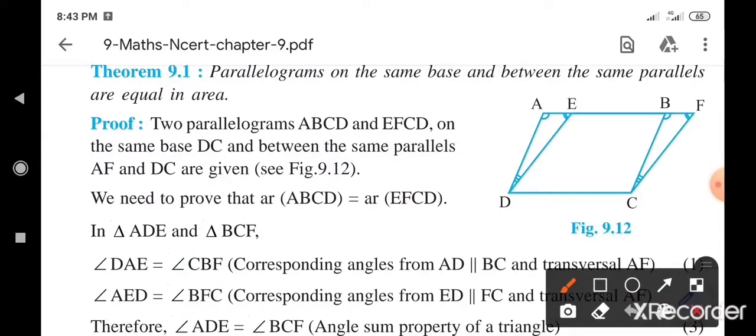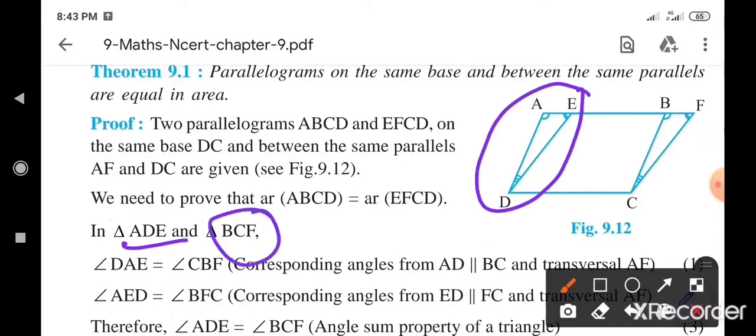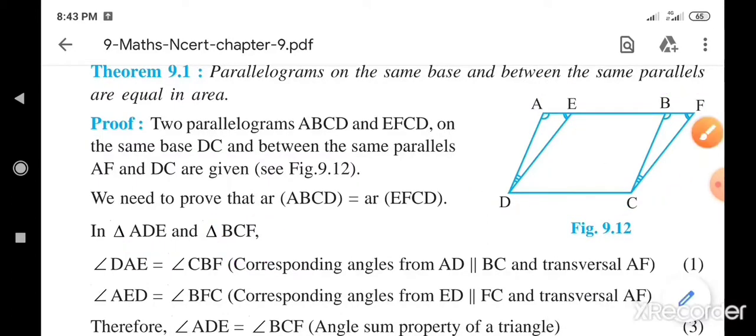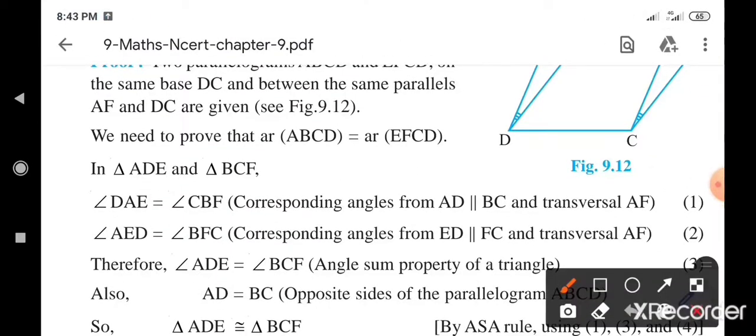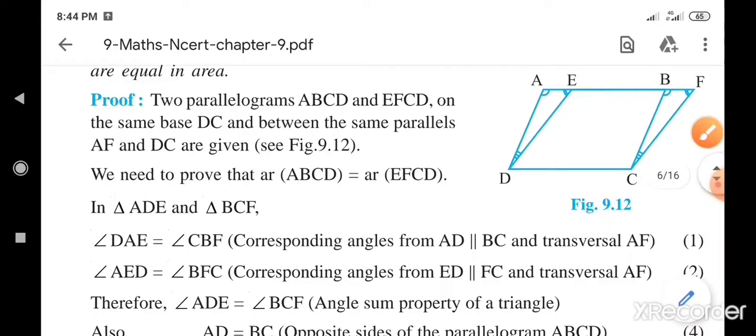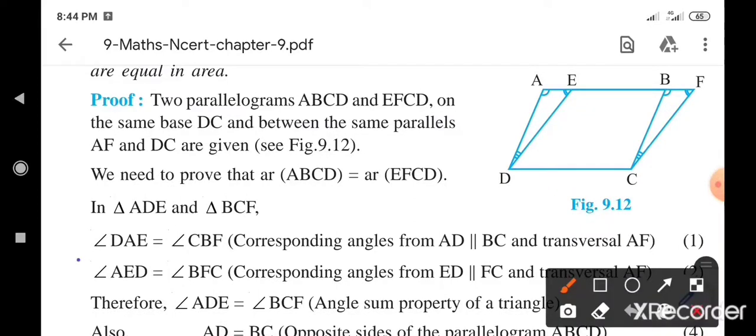As I told you, we will make both triangles congruent: this is triangle ADE, and this is triangle BCF. Now we have to take three things to make both triangles congruent. The first one is corresponding angles.